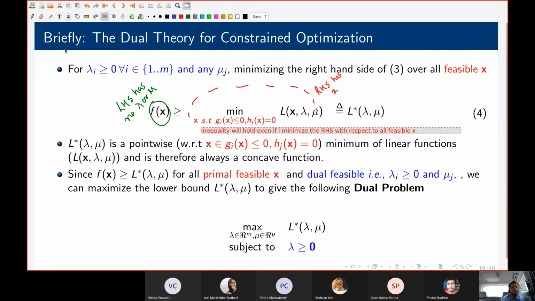This minimization gives you the so-called dual function. This is the dual function, L star of lambda, mu. Now the RHS has no x.